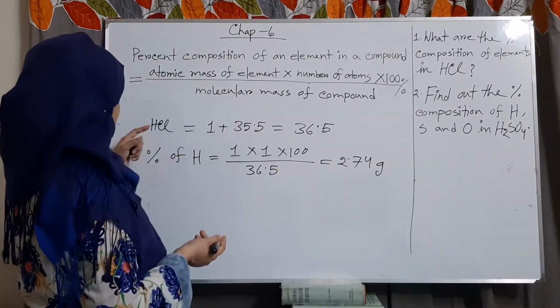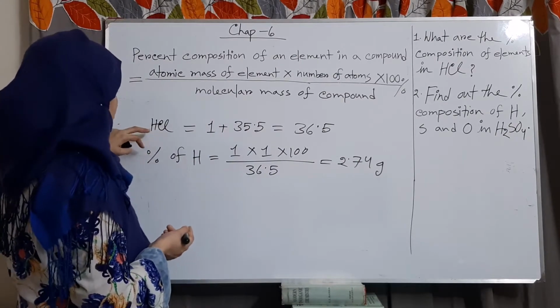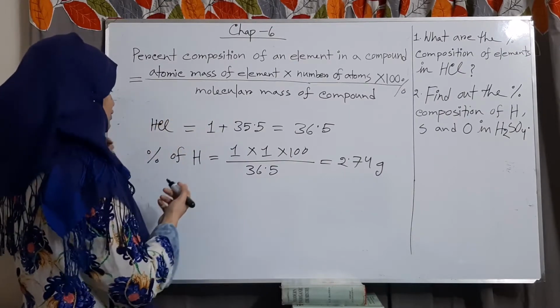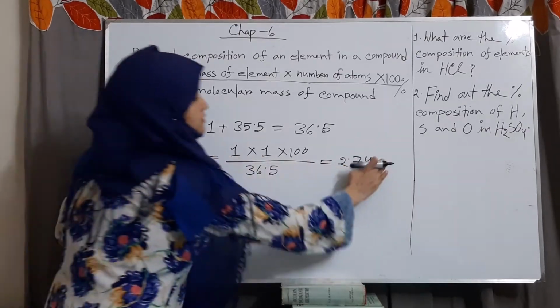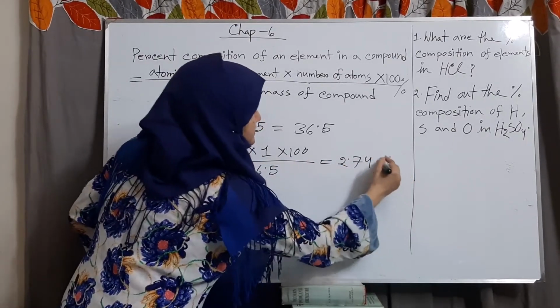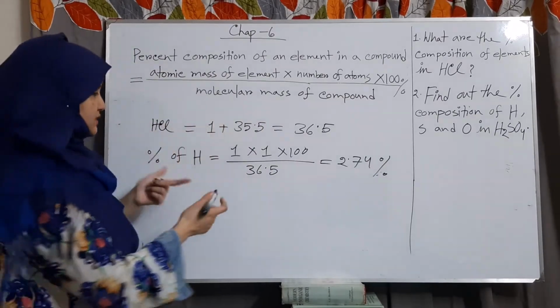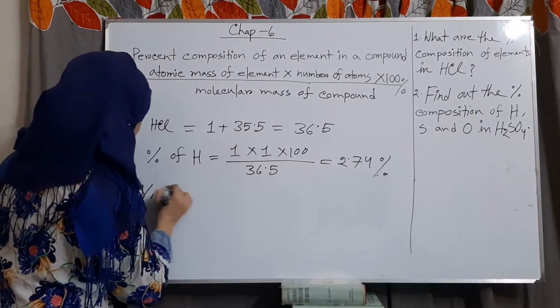Since in HCl only hydrogen and chlorine atoms are present, if we subtract the percent composition of hydrogen from 100%, then we can easily get the percentage of chlorine.